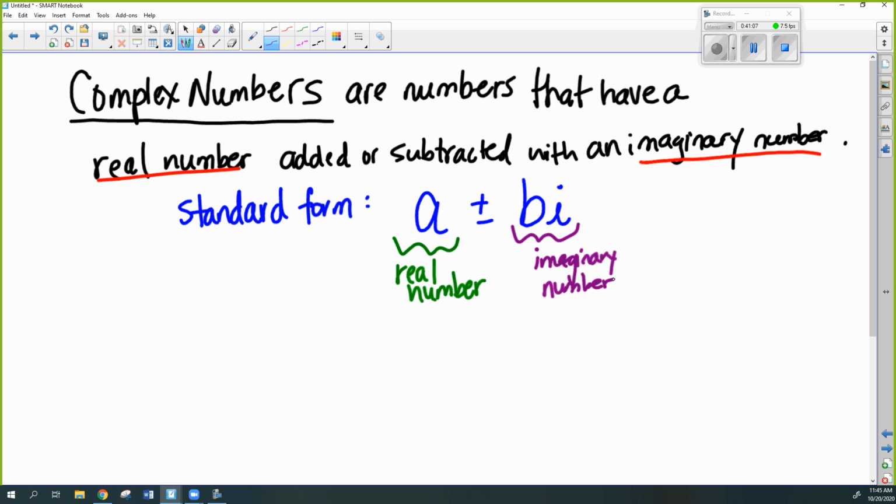All right, so that's going to be the standard form of how we write our answers. And you have to make sure that you do that in ALEKS, or it will tell you your answer is wrong. Okay?